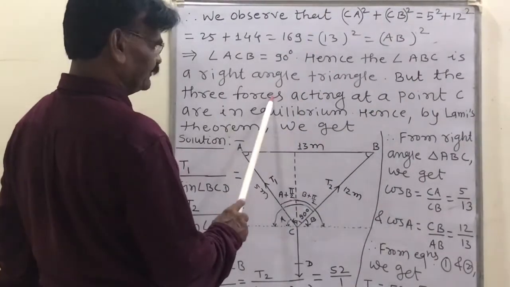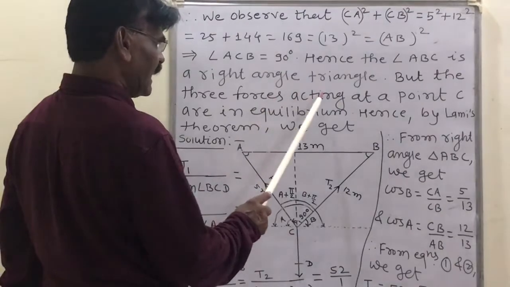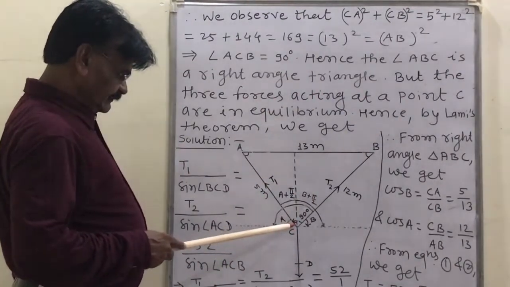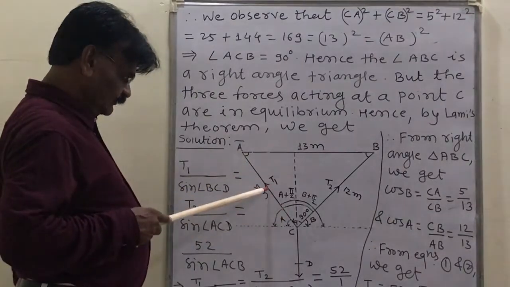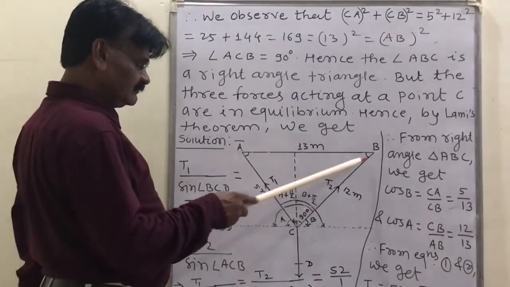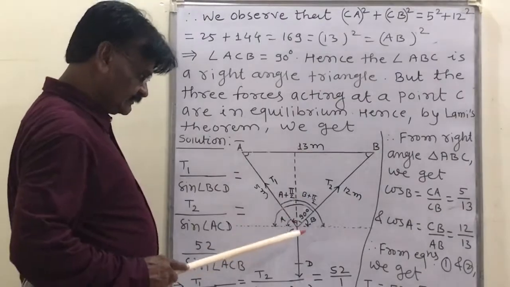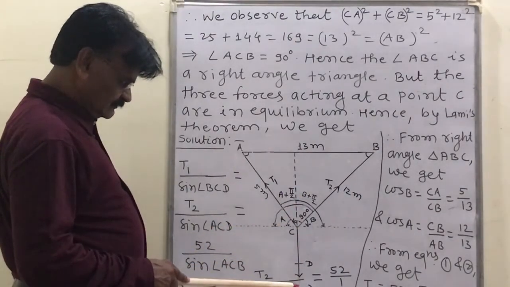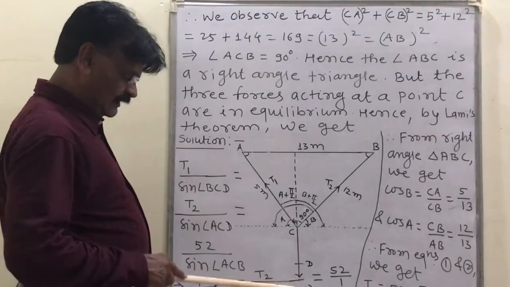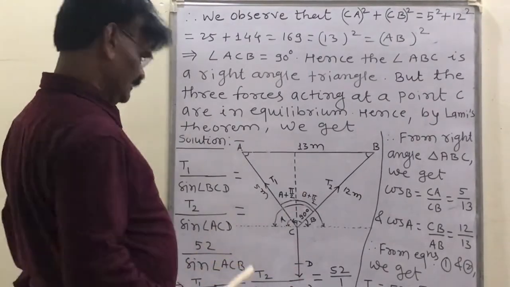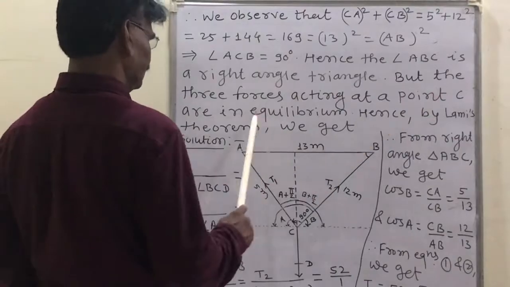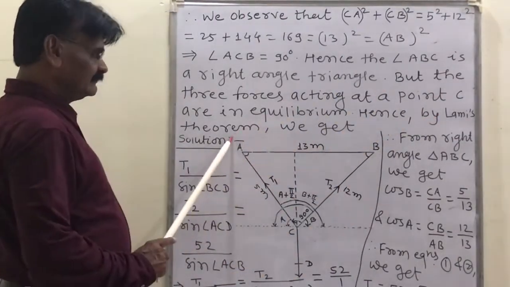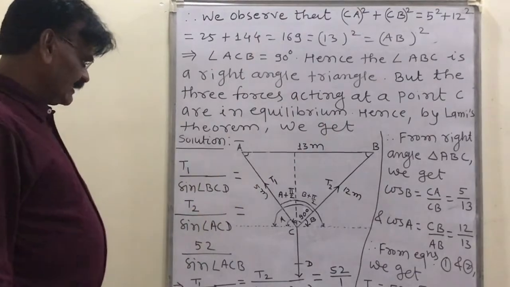But the three forces acting at a point C, tension T1 is one force, tension T2 is the other force, and this downward, that means 52 weight, is the third force, are in equilibrium, and hence by Lami's theorem we get, what is Lami's theorem?